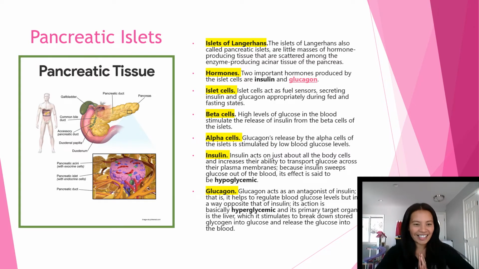So next is the pancreatic islets. The other term for pancreatic islets is islets of Langerhans.